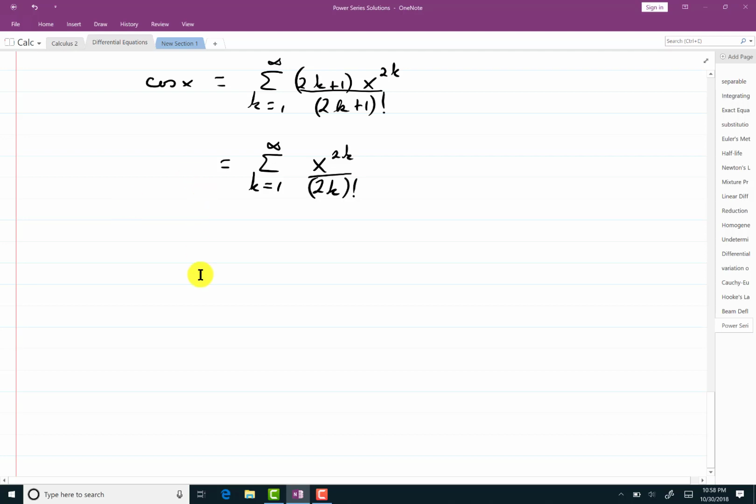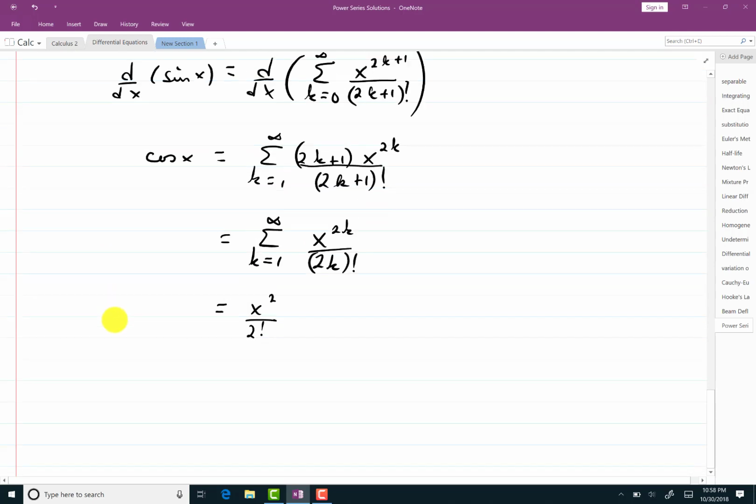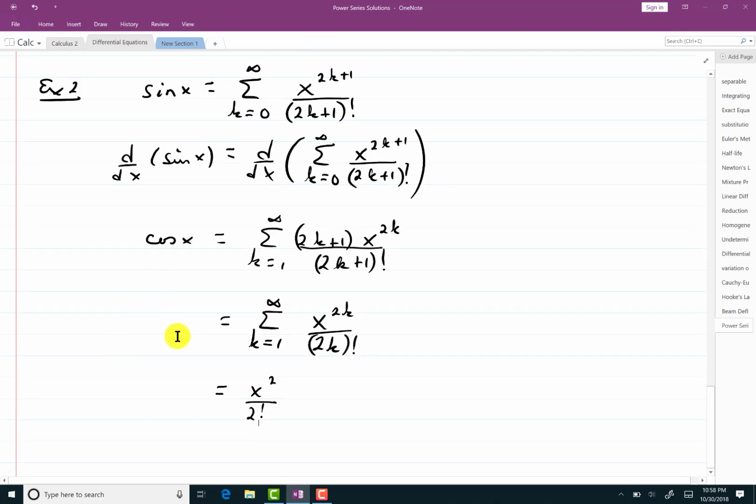Now, if you write this out, when k equals 1, you'll have x squared all over 2 factorial. And then, oops, I made a mistake. Let me fix it while I'm here. There actually is a negative 1 to the k in front of here. So I'll keep putting it in.